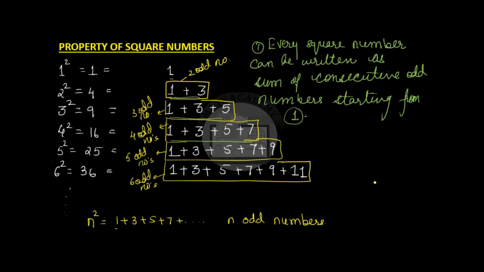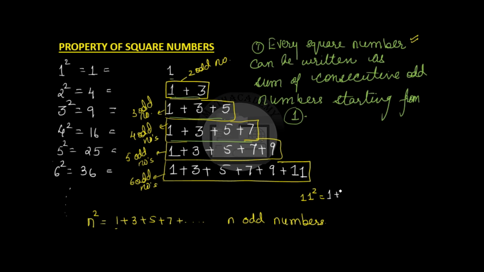Okay, so if I ask you to write 11 square, you are sure that 11 square can be written as a sum of consecutive odd numbers starting from 1, according to this observation. How many odd numbers will we have to add? We will have to add 11 odd numbers.